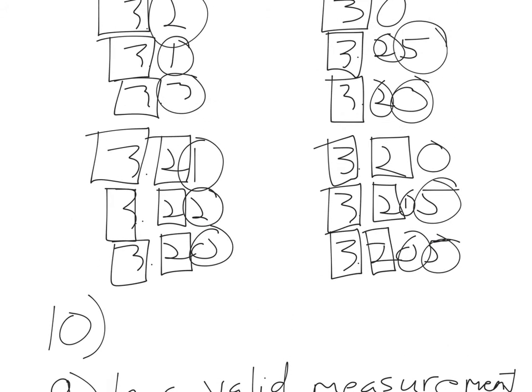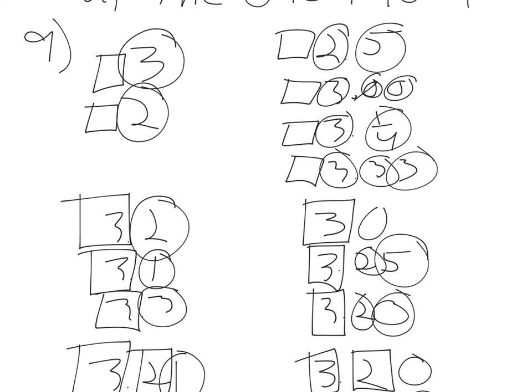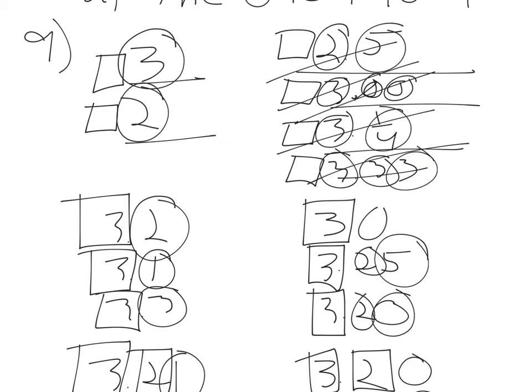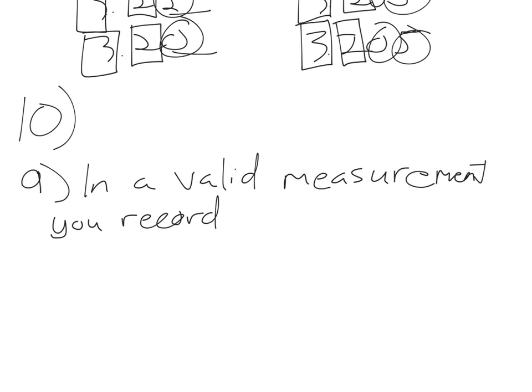So keep in mind the left side were the valid digits. All right. So looking here, that's our estimated digit. That's our estimated digit. These guys were not valid. Keep in mind, so we can't count them. Over here, we had one certain and one estimate here, and then here we had 2 certain and 1 estimated. So in all 3 models, the valid measurements, according to professional scientists, are the ones that only estimate 1 digit. Okay, so in a valid measurement, you record 1 estimated digit.